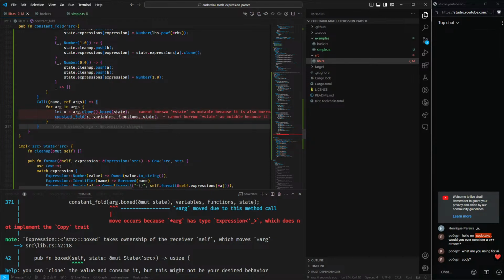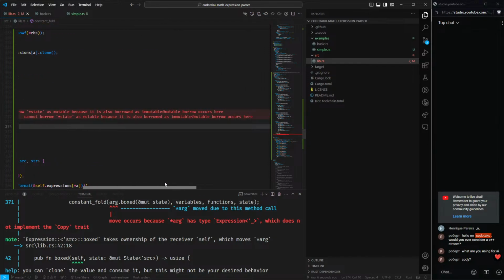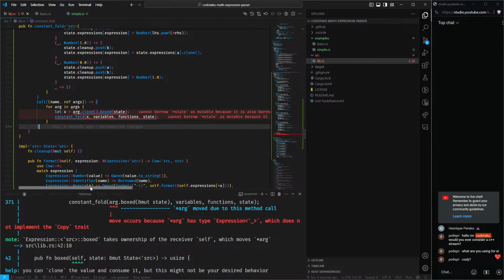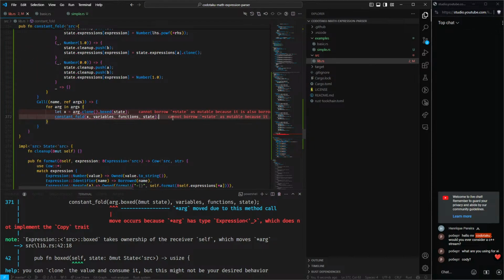Oh crap. Cannot borrow state as mutable because it is also borrowed as immutable. Okay, what if we do this?